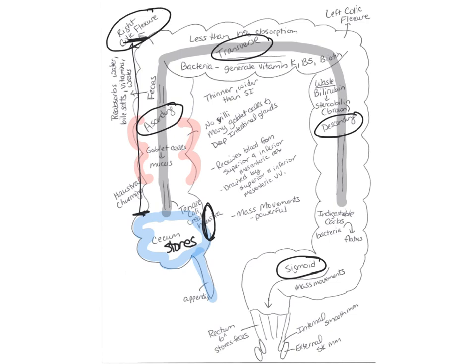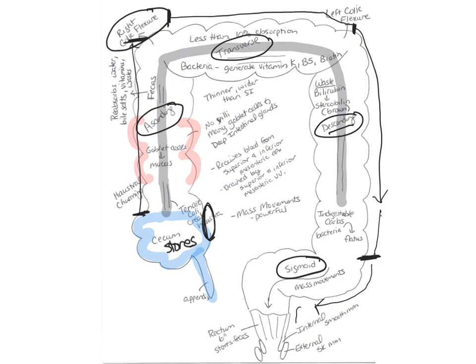The transverse colon extends from the right colic flexure across the abdominal cavity to the left colic flexure. It's horizontal, and at the left colic flexure, it bends to become the descending colon. The descending colon descends down to the iliac fossa, and then it curves towards the midline to become the sigmoid colon. The sigmoid colon then empties into the rectum.